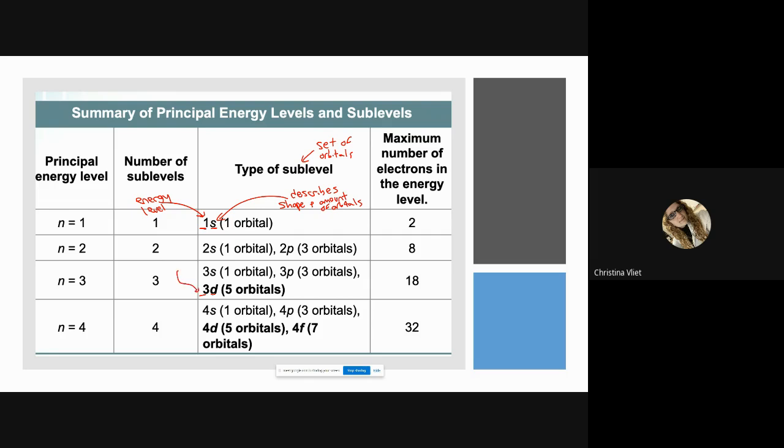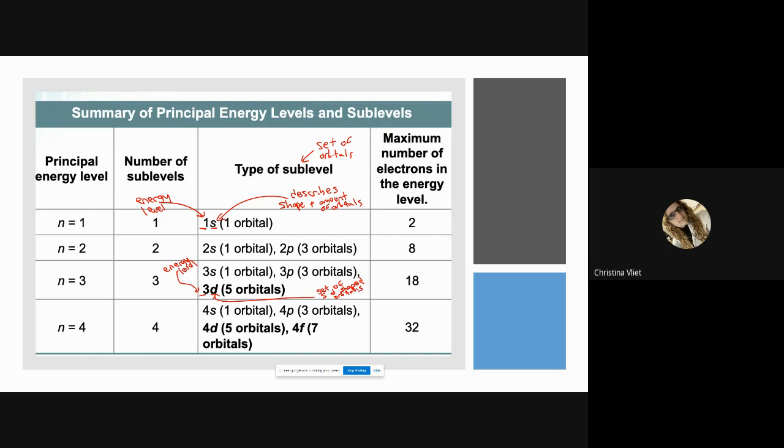Energy level 3. And the electrons here are found in the D-shaped orbitals, right? So they are found in the set of 5 D-shaped orbitals.